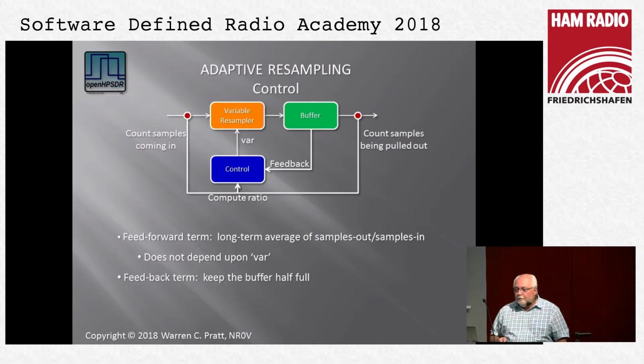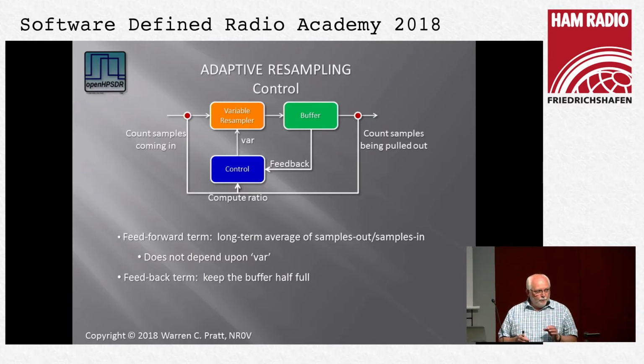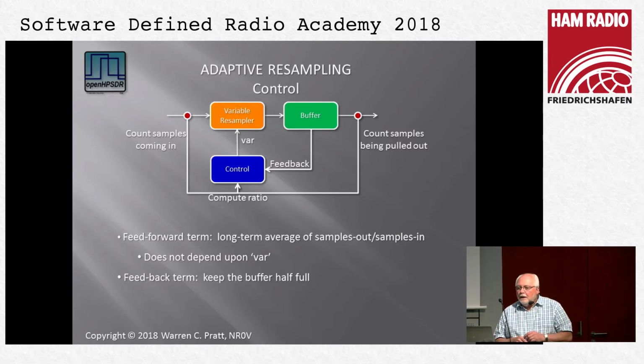Now let's look in a little more detail at those adaptive resamplers. Within each of those, we have a variable resampler, which accepts a ratio. I called it VAR here. It's just the resampling ratio that it operates at. And we have the buffer that we saw earlier, and we have to have some control to calculate VAR. So the way we generate that signal, VAR, is first of all to count the samples coming in to the resampler and count the samples that are being pulled out of the buffer and compute the ratio.